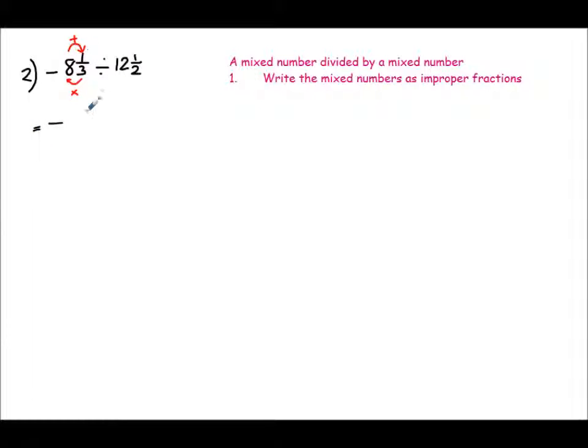So 8 3s are 24 and 1 is 25 thirds. Your denominator stays the same. Divided by 12 and a half, well, 2 multiplied by 12 is 24 plus 1 will give us 25. So that will be 25, denominator stays the same, over 2, 25 halves.